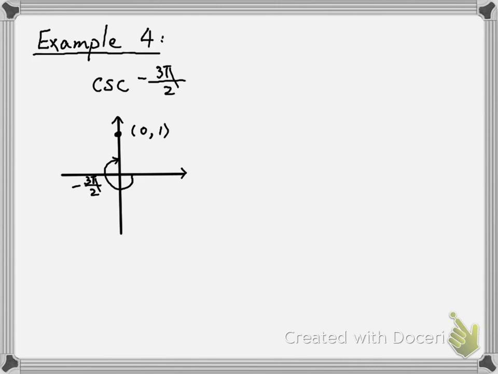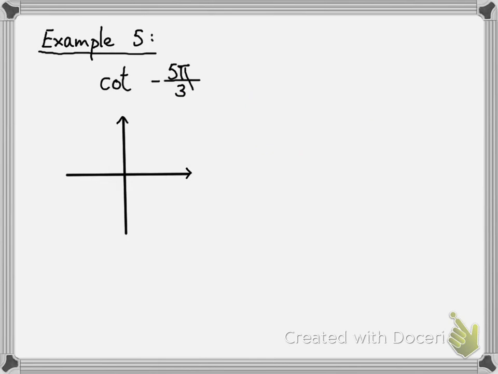Since cosecant function is the reciprocal function of sine, then cosecant of negative 3 pi over 2 equals 1 over the y value, which is 1. And therefore, cosecant of negative 3 pi over 2 equals positive 1.